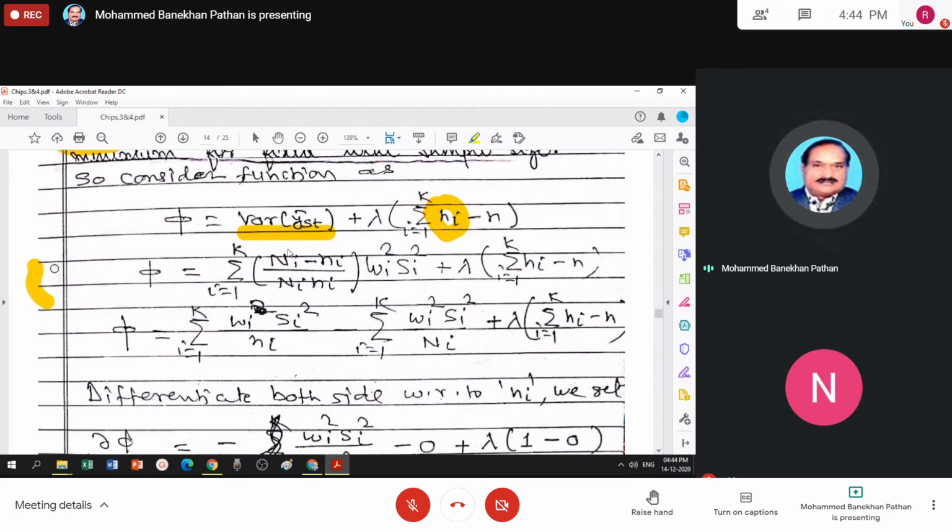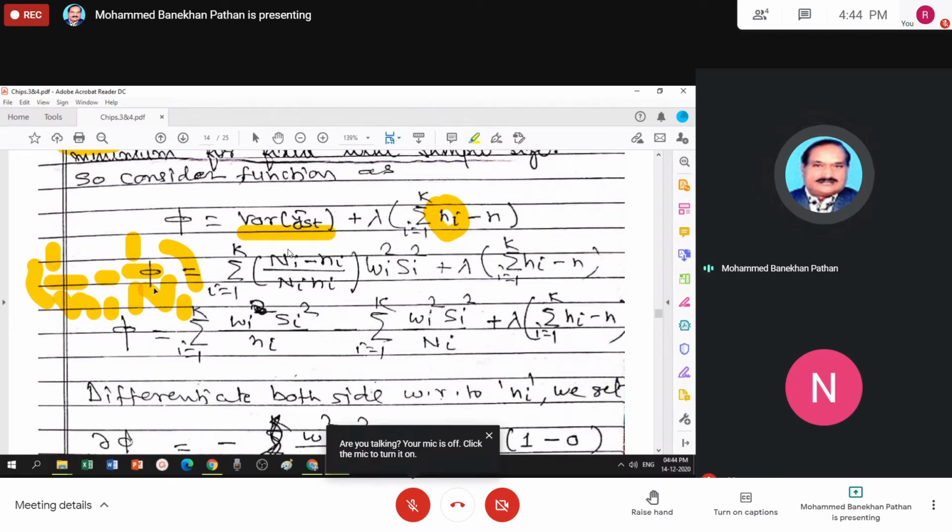This is nothing but 1 divided by small ni minus 1 divided by capital Ni. So if you solve this bracket, this Ni goes here, minus small ni divided by Ni into Ni.